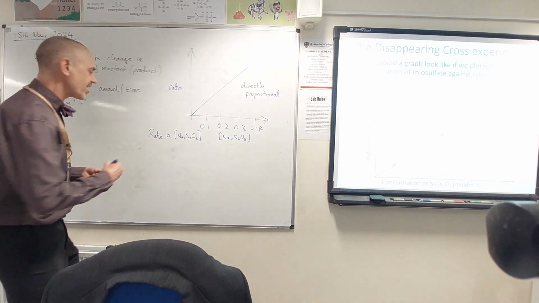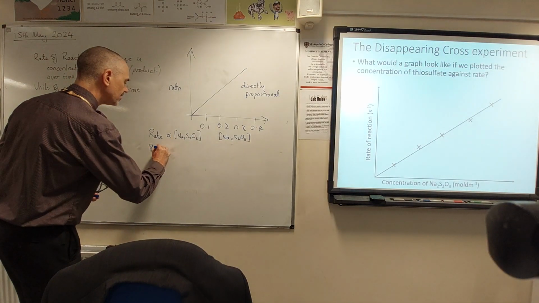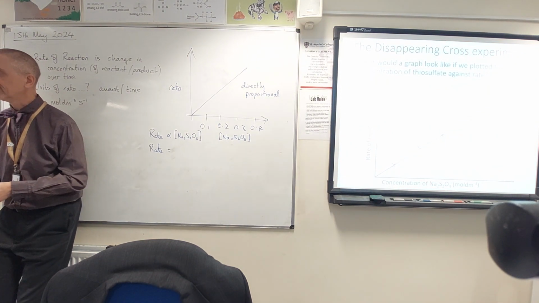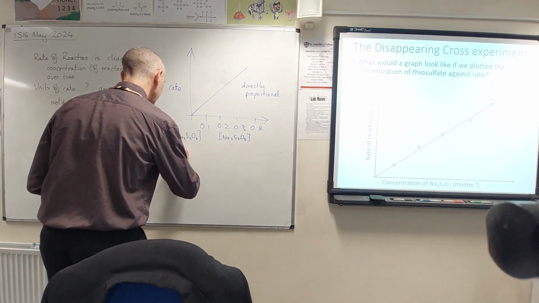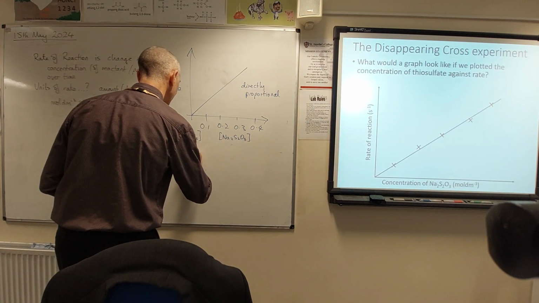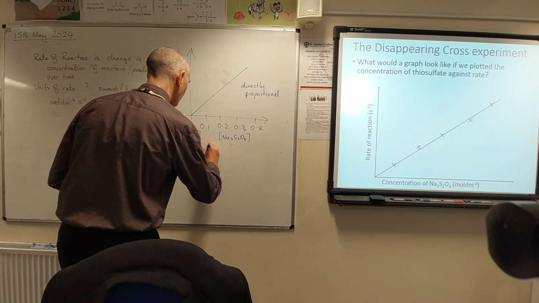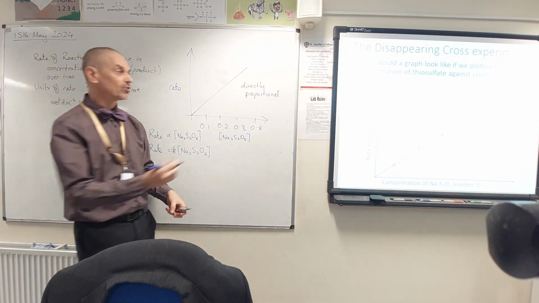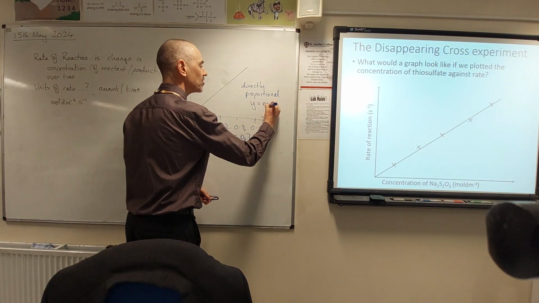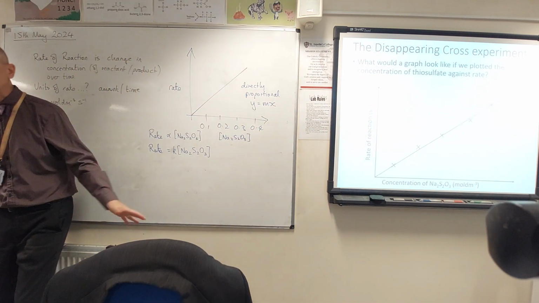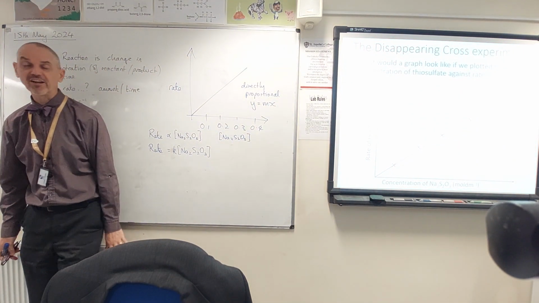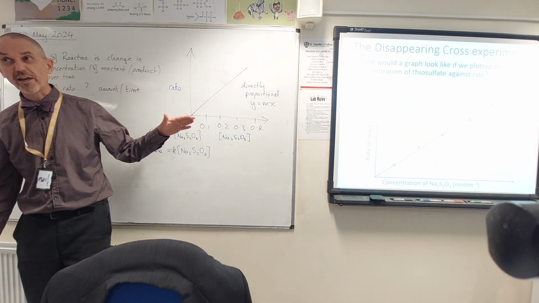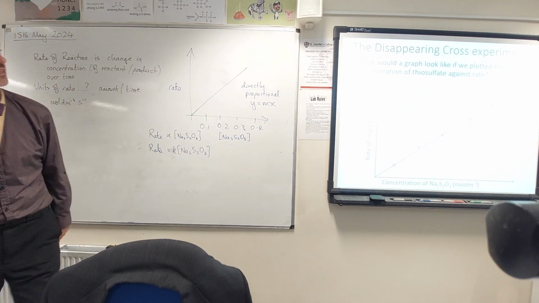If I wanted to write rate equals something, how would that change that equation? Go on, Eddie. You put a K in front of it. We put a K. What does the K stand for, Eddie? Constant. All right, so this graph, the directly proportional graph, you'll often see y equals mx is given as the general equation for all straight line graphs that go through the origin. If it doesn't go through the origin, of course, it's y equals mx plus c. But this one does go through the origin.